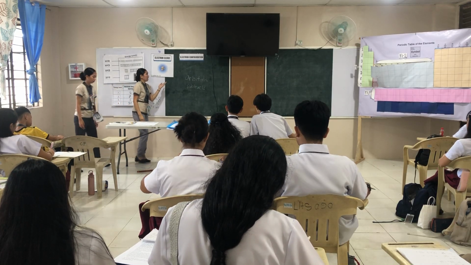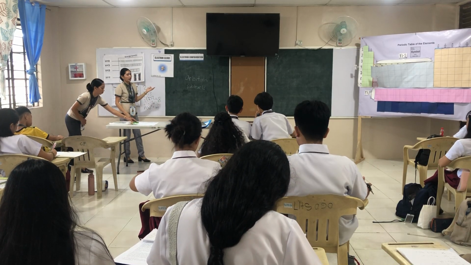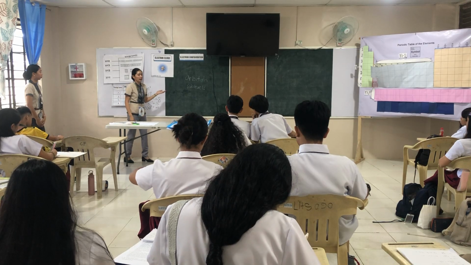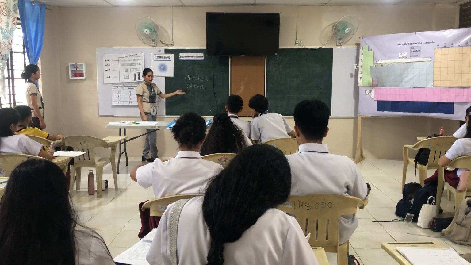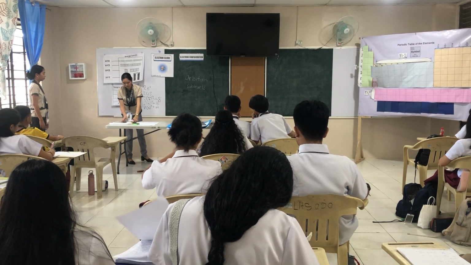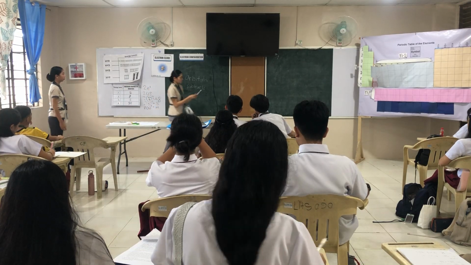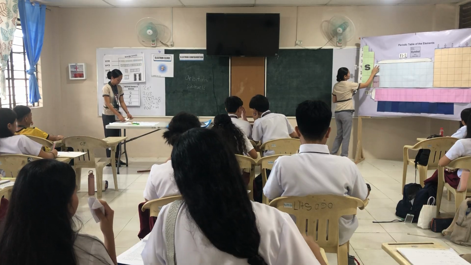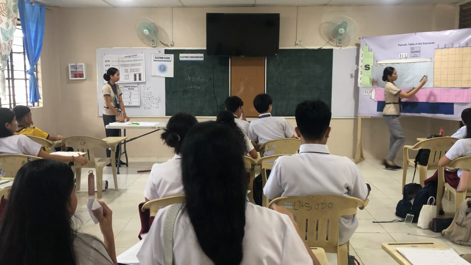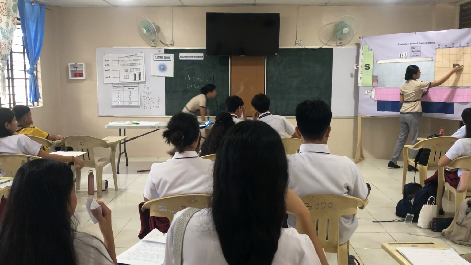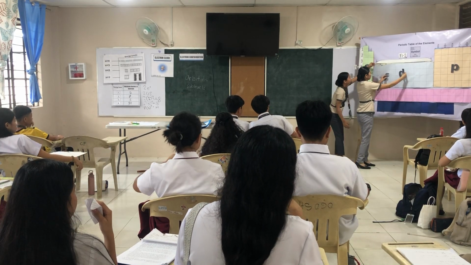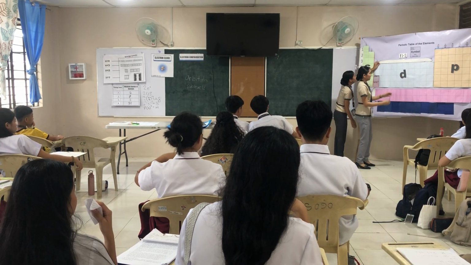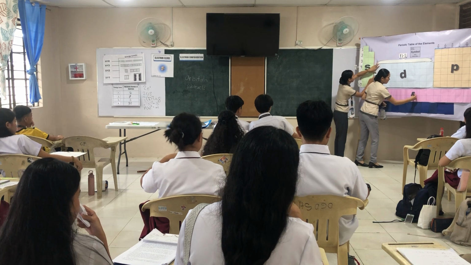In each energy level, there are types of orbitals called sublevels, and these sublevels are represented using the letters S, P, D, and F.